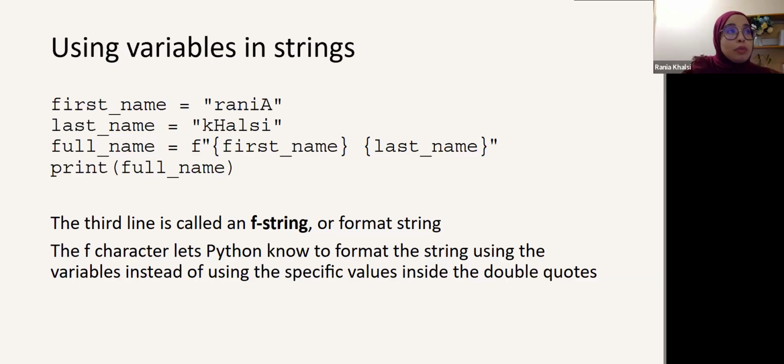So I'm putting first name here, then last name here, and I will obtain Rania Khalsi. If I switch and put the last name first, I will probably get Khalsi Rania. So it's giving you the order, making dedicated spots for the string variables. We will do an example to illustrate this.